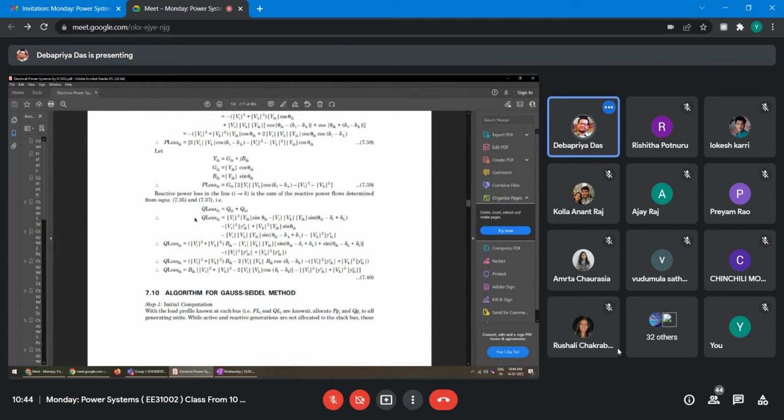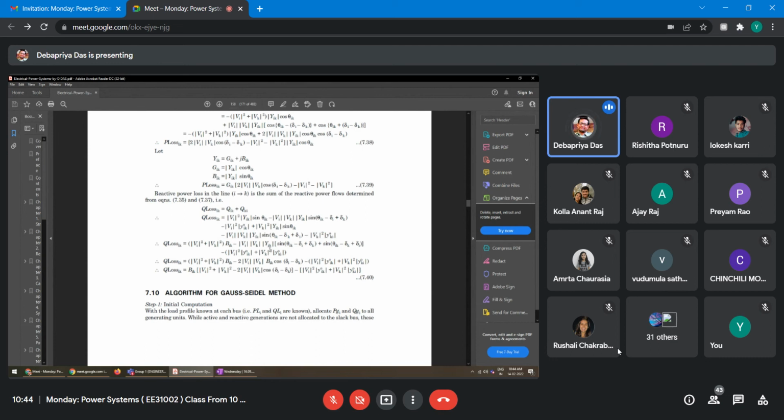Similarly, for Q loss ik, you do it. If you do Q loss ik, you will get Bik into, in brackets, magnitude Vi square plus magnitude Vk square minus 2 Vi Vk cosine of this, bracket close. Then minus, because of the charging admittance, these two terms will come because it is Q loss. That is minus, in bracket, Vi square Yik 0 plus Vk square Yik 0.